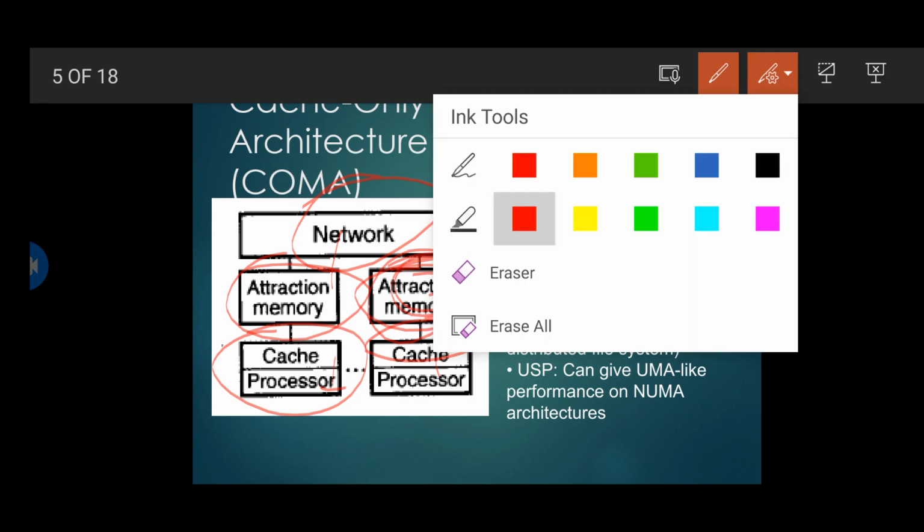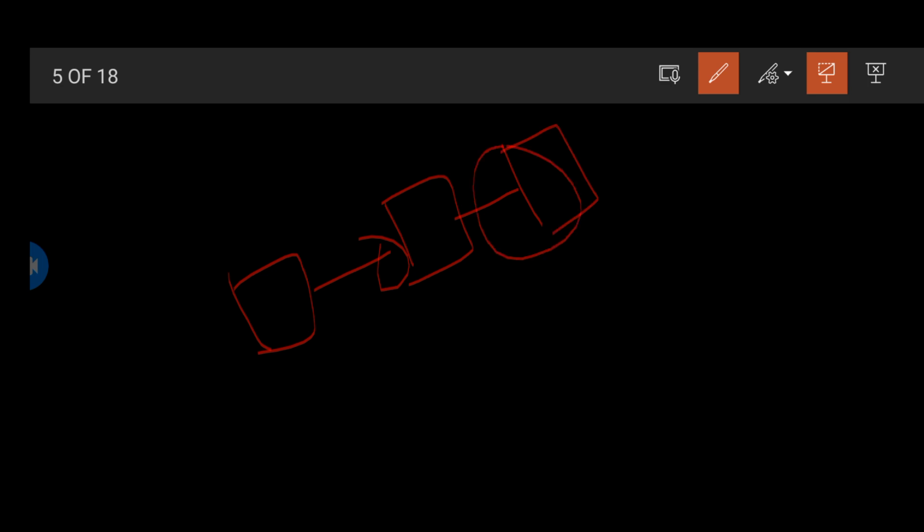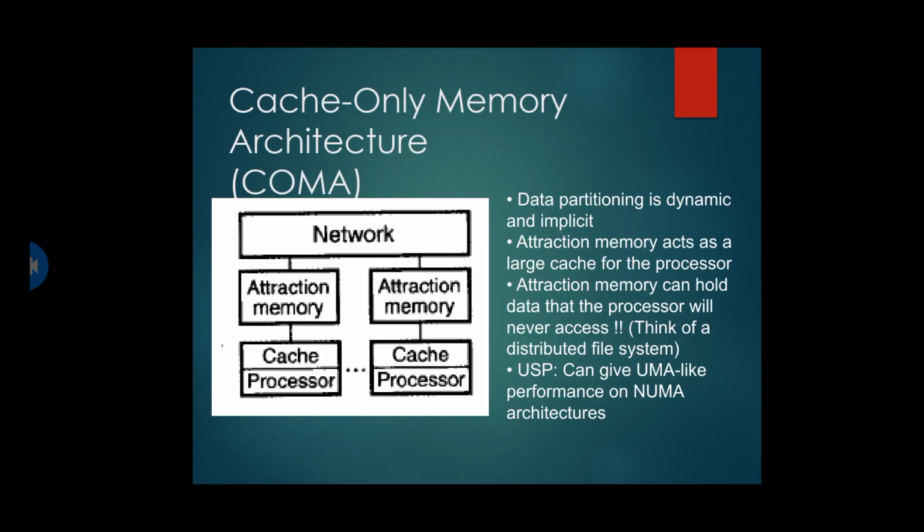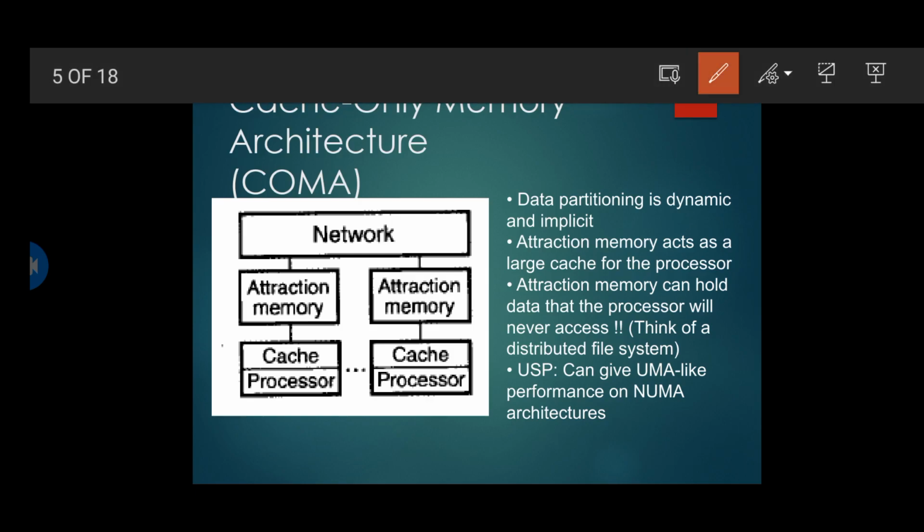You can think of it like this: suppose this is the CPU. It fetches from cache memory. Attraction memory is an extension of cache memory, where you can store more data than in the cache, like the last level of cache memory. Data partitioning is dynamic and implicit.